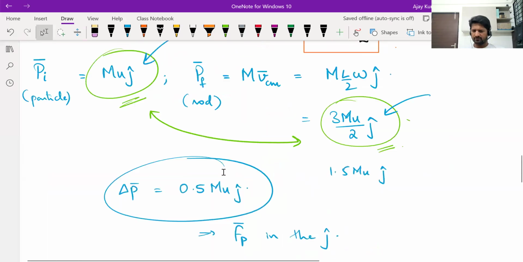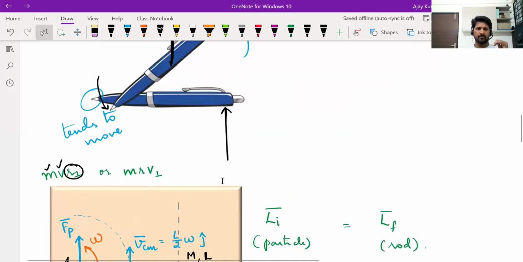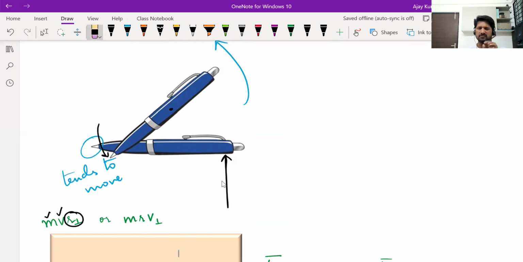Now observe what we found here. If you hit the rod at its extreme right, the left end has a tendency to go down. Where are those pens? Yeah. If the pen is hit at the right, the left end tends to go down. I am considering the pen identical to a rod.